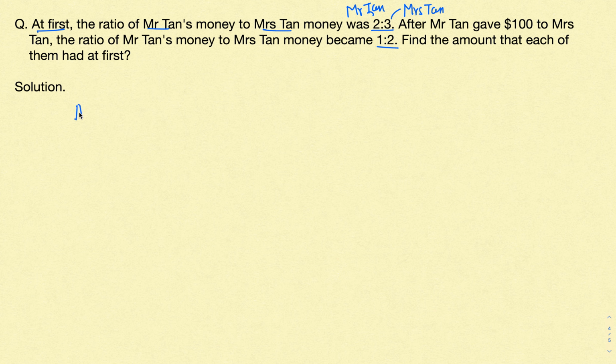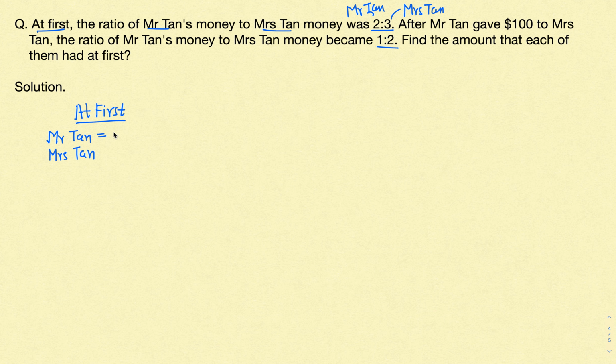So at first, we have Mr. Tan and Mrs. Tan. What's their ratio? Their ratio is 2:3. That means if Mr. Tan is having 2 units, Mrs. Tan is having 3 units, right?